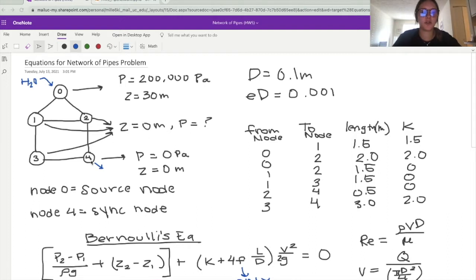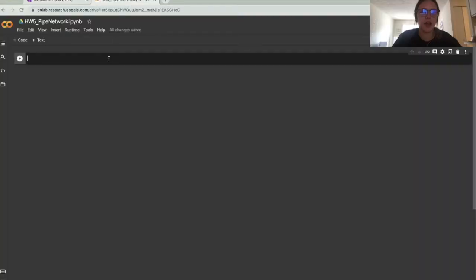For node 4, the pressure is 0 pascals and the height is also 0. The diameter of the pipes is 0.1 meters, and the relative roughness of these pipes is 0.001. Since we know that, we are going to start with our code.